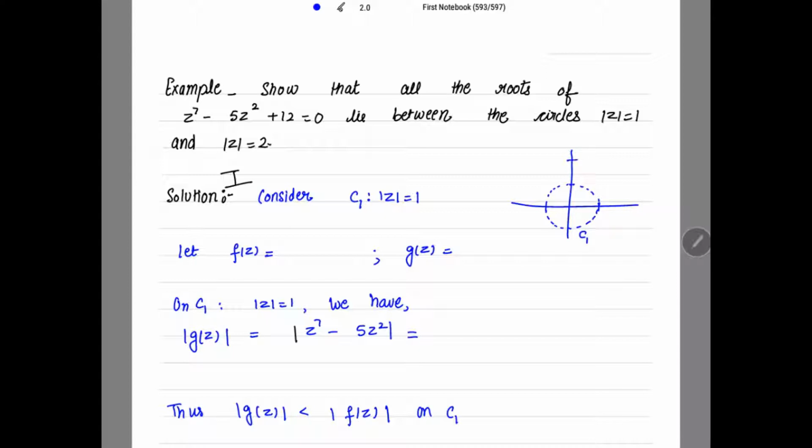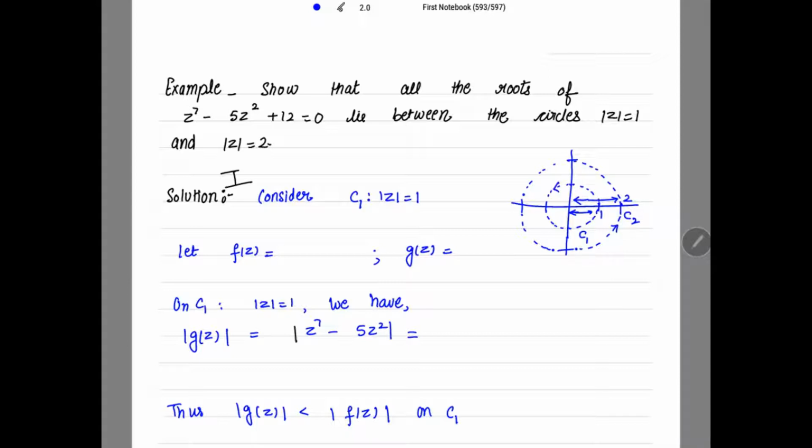And this is your circle C2 having the radius 2, and this circle is having the radius 1. So this is the second circle.